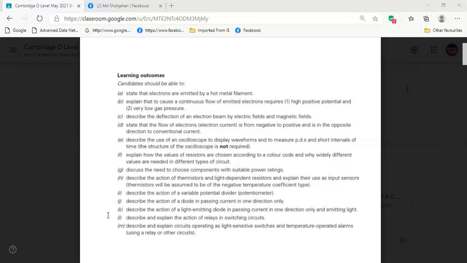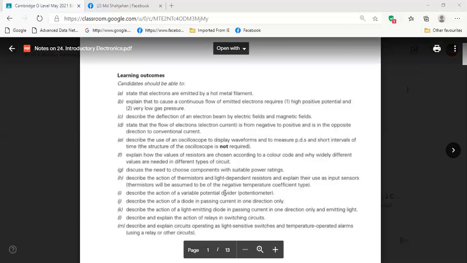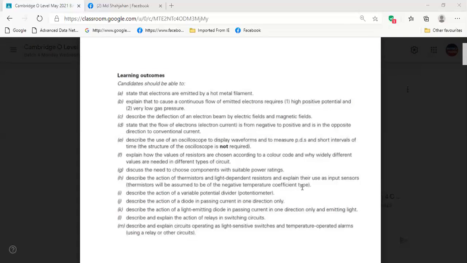Then H is related to thermistors and light-dependent resistors. In our DC circuit topic, we discussed these instruments a little bit. At least you know what a thermistor is. You got the indication here: negative temperature coefficient type.